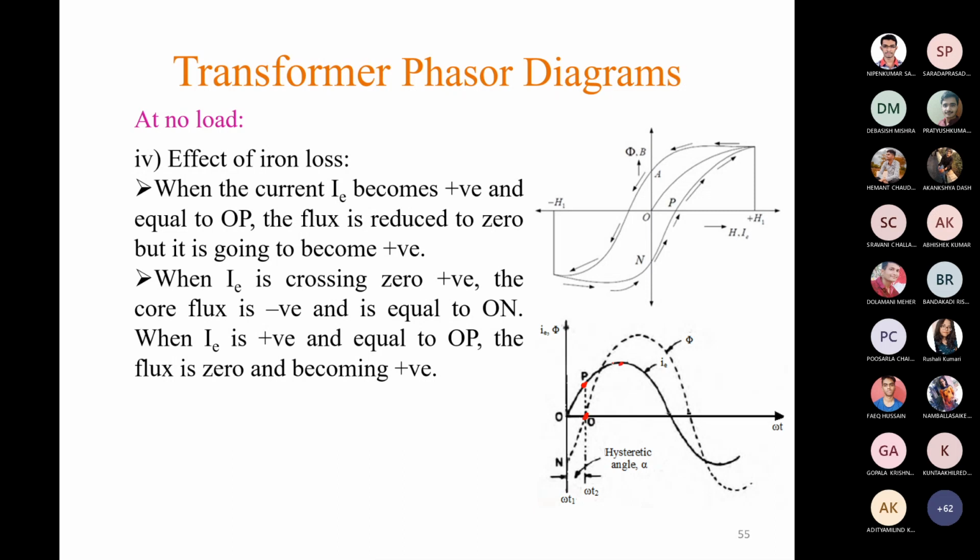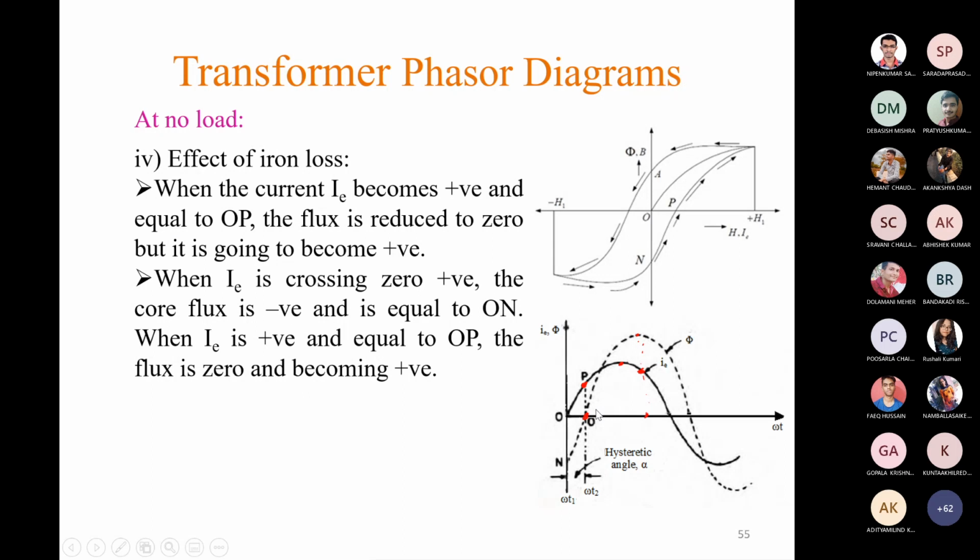At this point current is maximum but the flux is not maximum, it is still increasing. After a certain time interval the flux value is maximum positive, but the current is decreasing. It has already crossed its maximum value. So there is always some phase angle difference due to this hysteresis.